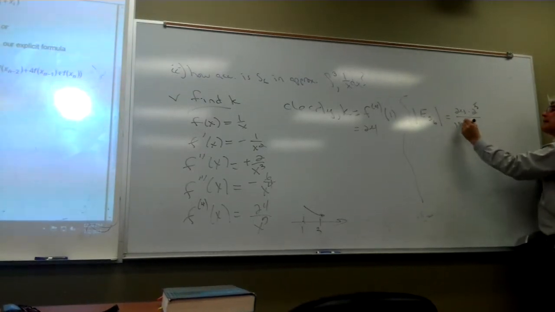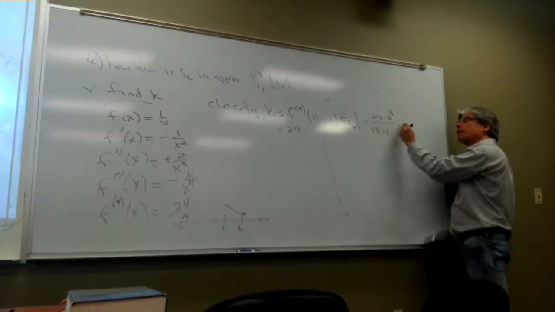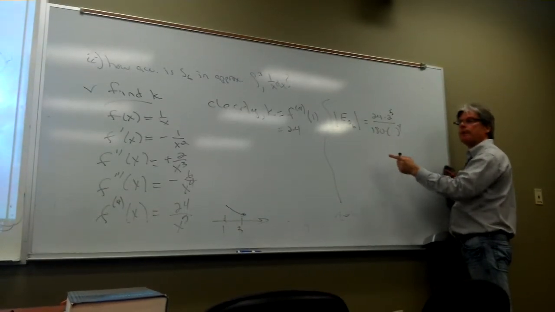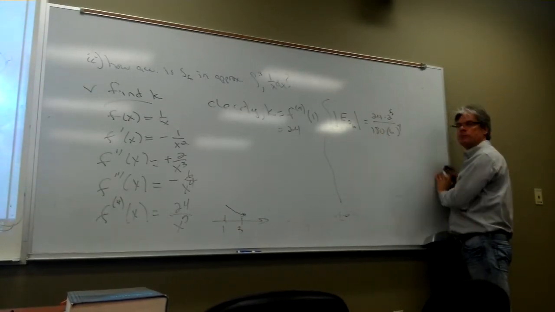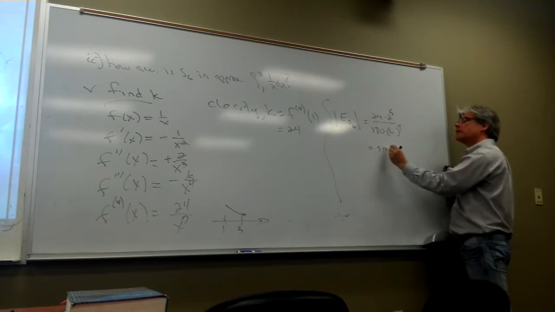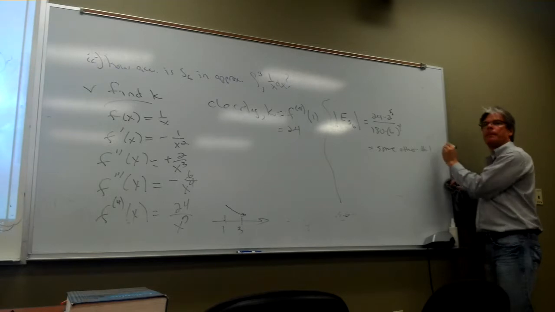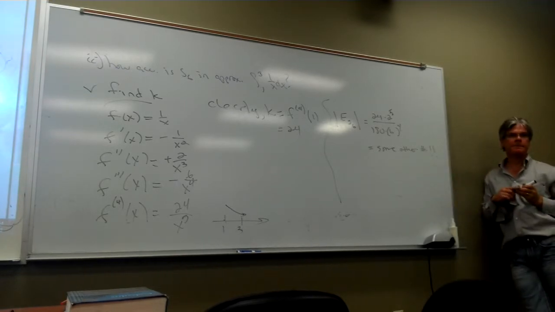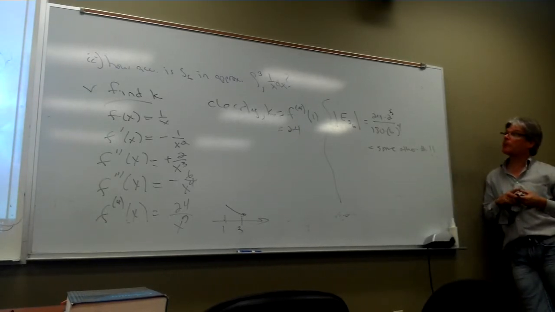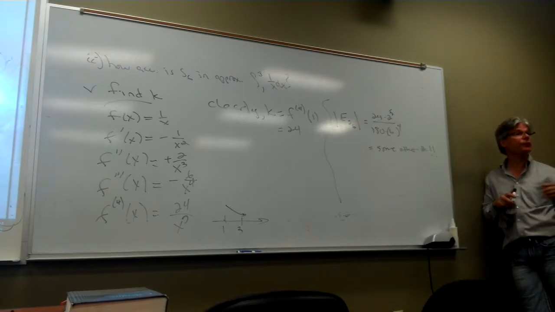All over 180 times my n value raised to the 4th power, but n in this case was 6. And so I get this number. That number represents how far off it is to use Simpson's rule with 6 subdivisions for this particular interval.